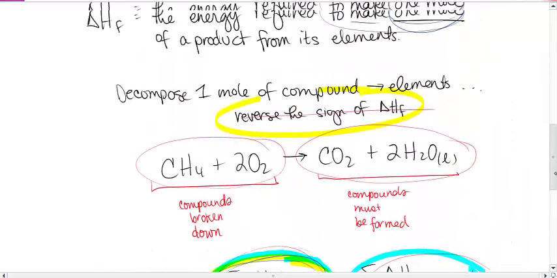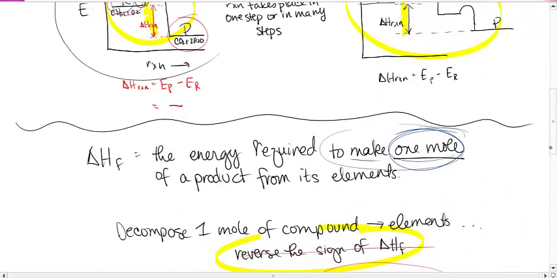Well, let's go back up to the definition. We're going to revise this a little bit. It's not just the energy required to make 1 mole of a product. No. Fix, erase.